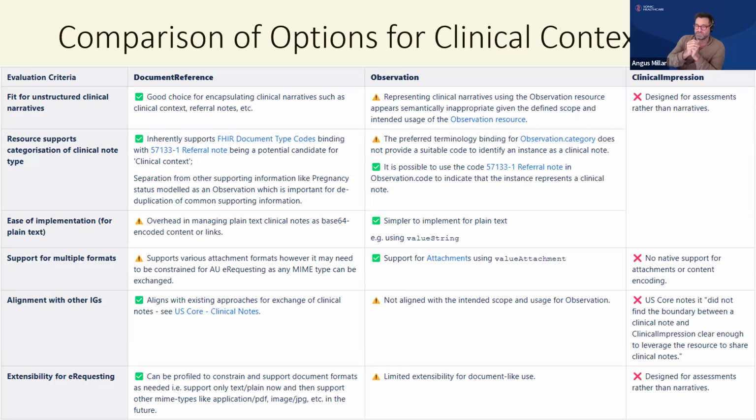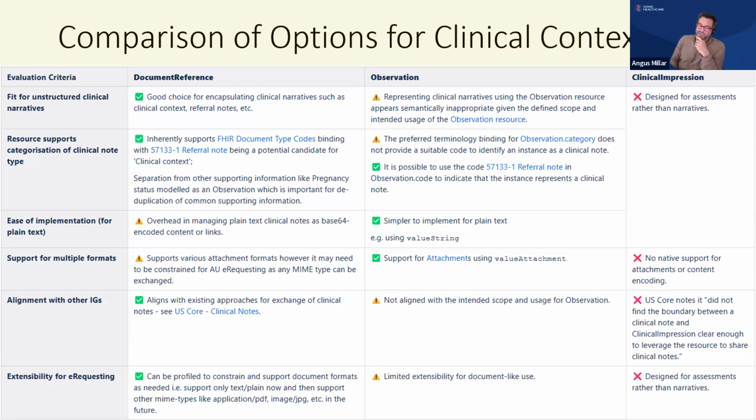And if we use document reference, tomorrow it could be fairly simple to change the MIME type and say, now this referral note is actually a PDF or RTF or whatever it wants to be, as opposed to still having your observation string, but now creating a document reference of type referral note, which is going to have the RTF in it.